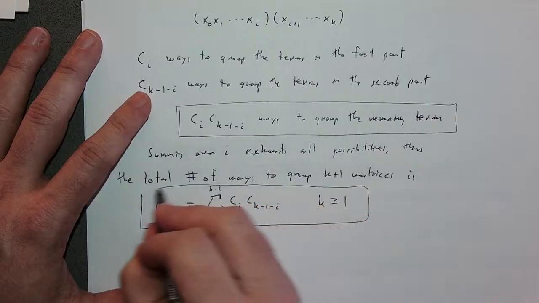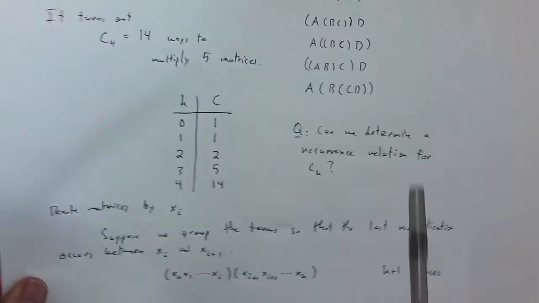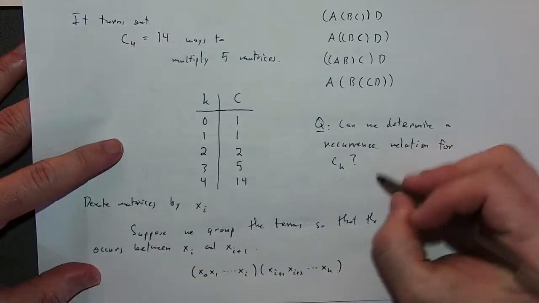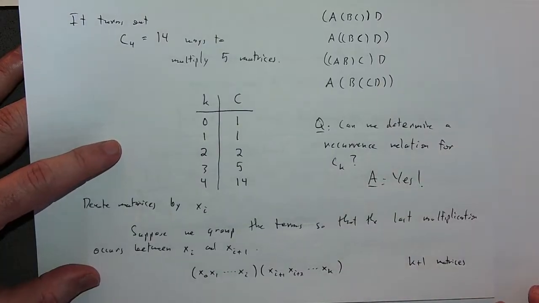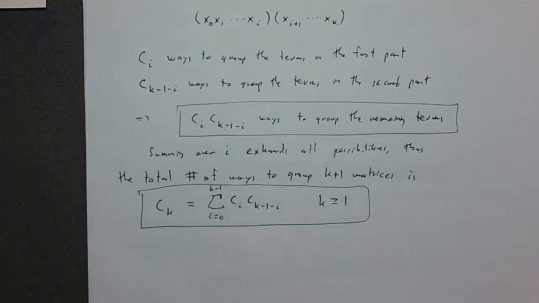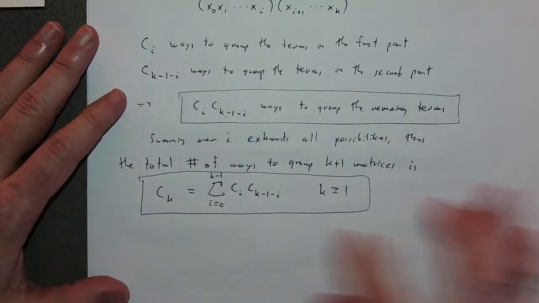Now, this is in fact a recurrence relation. So we asked, can we determine a recurrence relation for C sub k? And the answer is yes. I'm going to work out a few of these, but then I'm going to ask what a potential problem is here. So let's work this out ever so slightly.